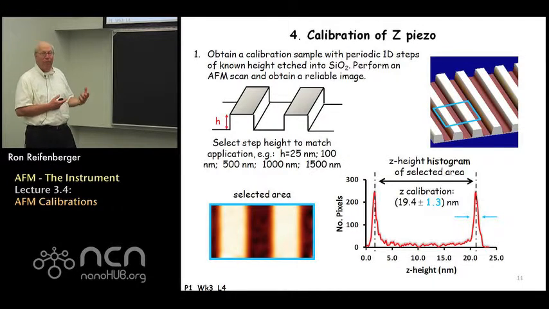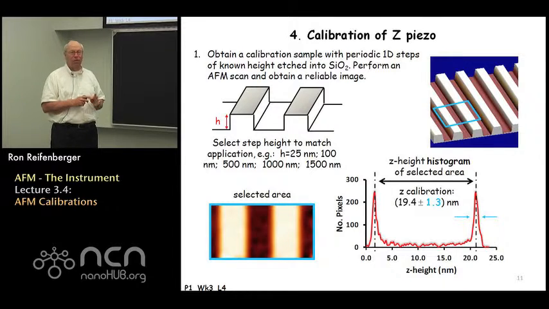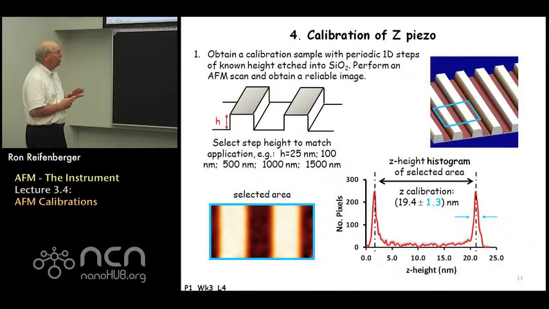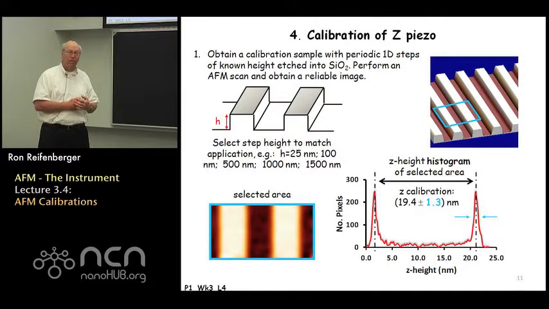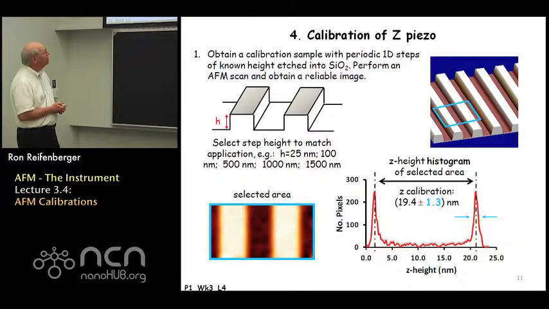And from that histogram, you can then accurately measure the distance between the peaks, and also you can get some idea of how those peaks are dispersed in Z. So then you can get a calibration with some uncertainty associated with it, and that uncertainty, of course, gives you some confidence in the calibration that you've done, right? So that's the preferred technique for a Z calibration.